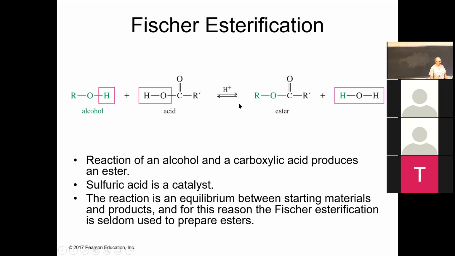So this will go until equilibrium is reached, and the reaction will go backwards to starting material. One way to shift it toward products would be to use an excess of either alcohol or carboxylic acid.